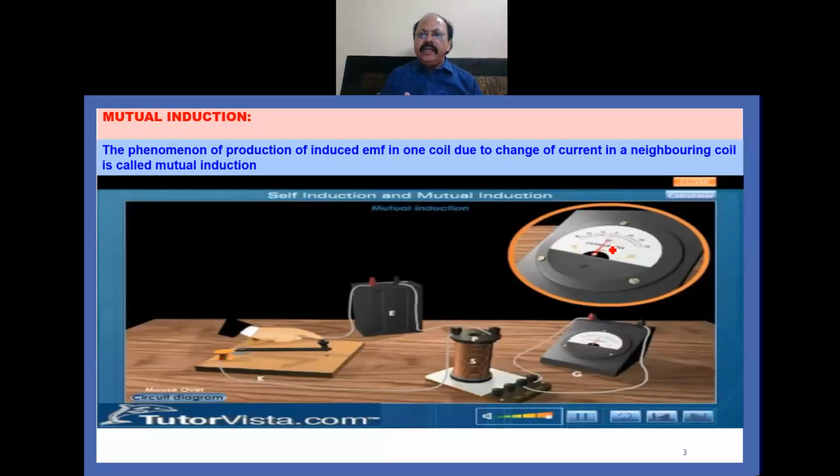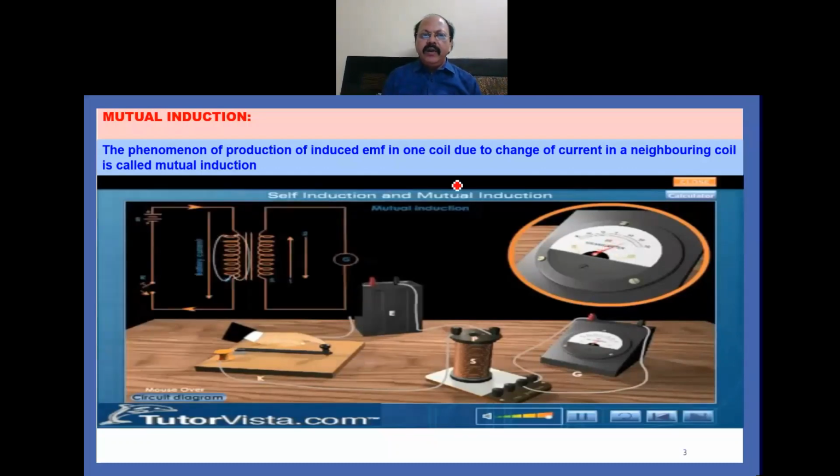Since the secondary coil is very near to the primary coil, due to induction there is a change in magnetic flux linked with the secondary coil, and hence an EMF is induced. So in the secondary coil, when the EMF is induced, a current is also induced.